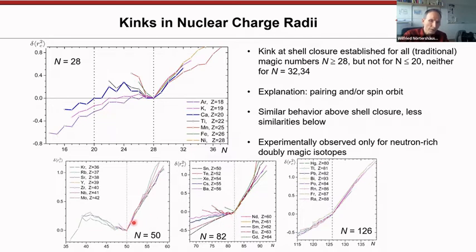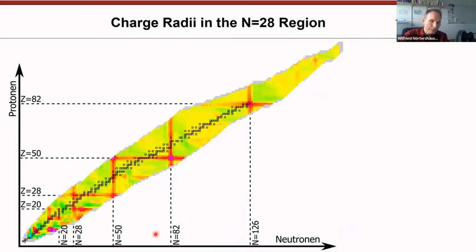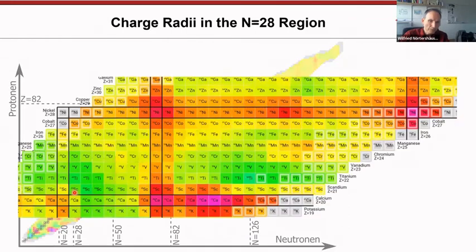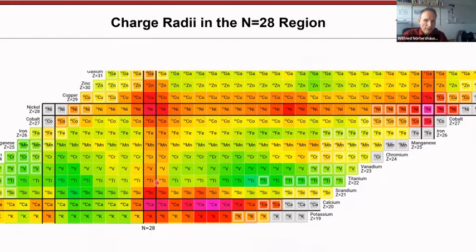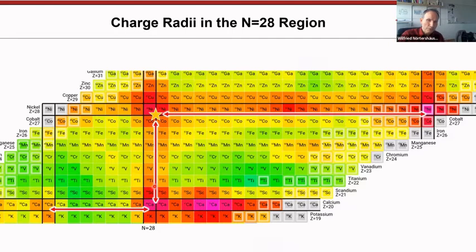There are no doubly magic nuclei measured in the neutron-deficient region, and the only place where it is easily possible is the N equals 28 region, where you have calcium 48 on the one hand and then above, nickel 56.